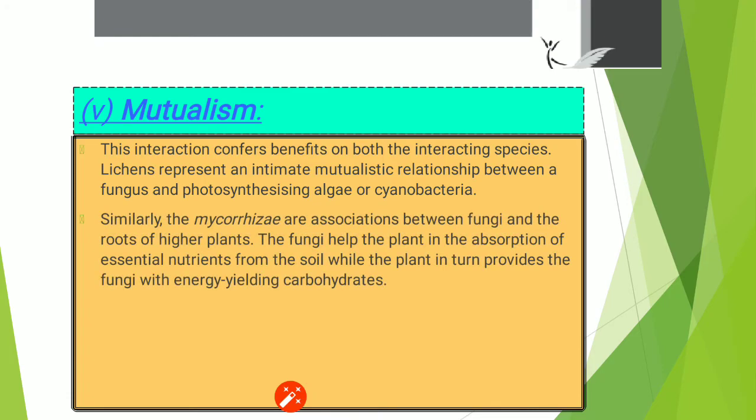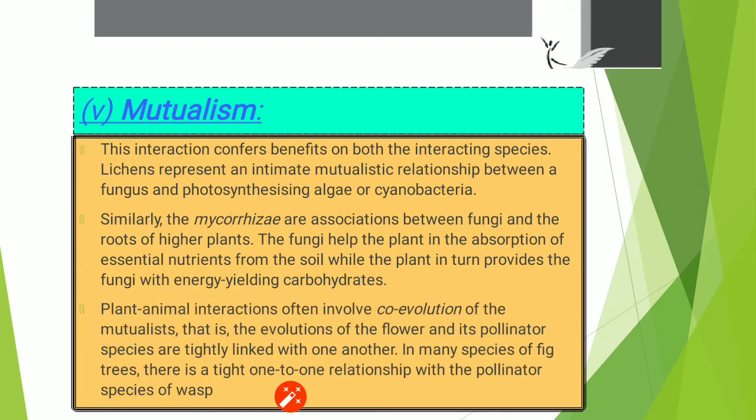Similarly, the mycorrhizae are associations between fungi and the roots of higher plants. The fungi help the plant in the absorption of essential nutrients from the soil, while the plant in turn provides the fungi with energy-yielding carbohydrates.